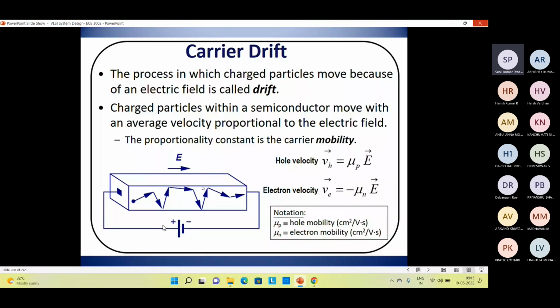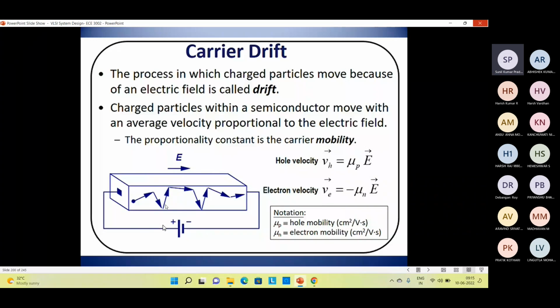Previously these electrons move in a zigzag path, but with the application of an electric field, they move in a systematic manner. As you know, electrons move from negative polarity to positive, whereas current moves in the opposite direction, from positive to negative terminal.